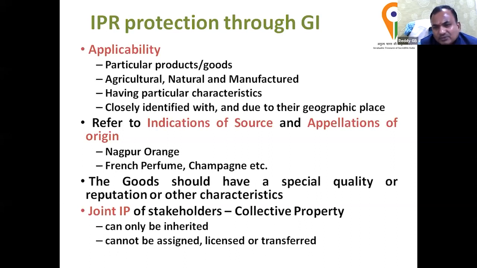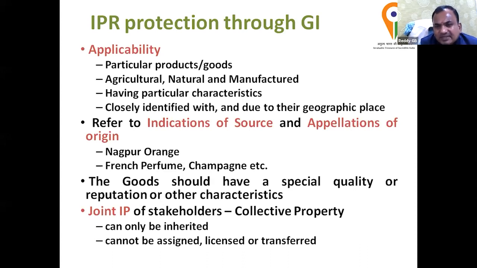When we talk about Pashmina Kashmir shawl, Mysore silk, the sparkling wine, that is, champagne, or Paris perfume, or Florida oranges, certainly there is something unique about them.